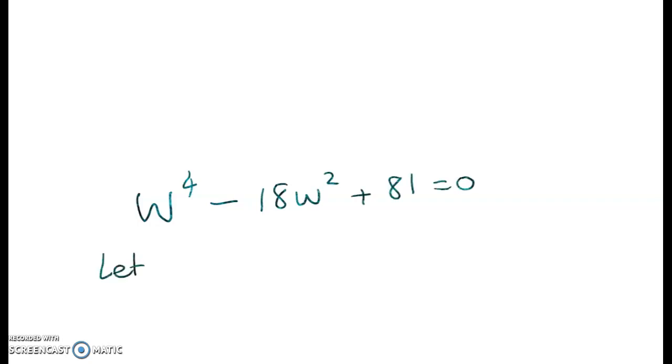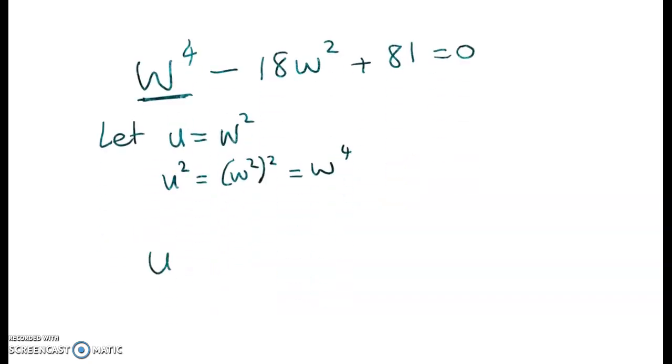So we'll start down here with w to the power of 4 minus 18w to the power of 2 plus 81 equals 0. But if we change w into u, and we say let's let u be w squared, well that means that u squared will be w to the power of 4.